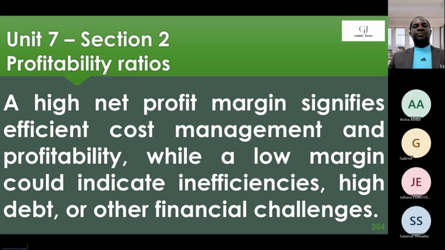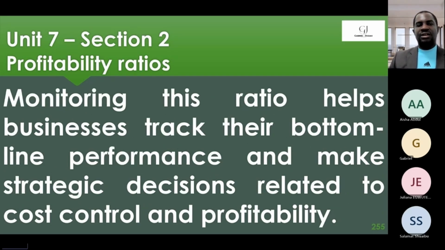Now, a high net profit margin signifies effective cost management, while a low one indicates inefficiencies, high debt, or other financial challenges. So as chartered accountants, we need to monitor this ratio to help businesses track their bottom line performance. Very important. And make strategic decisions related to cost control and profitability.